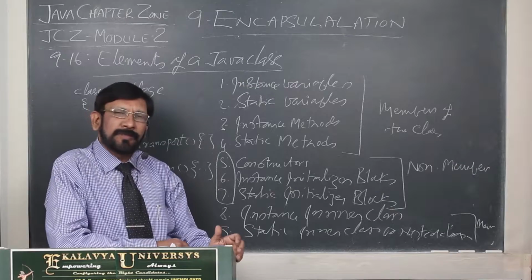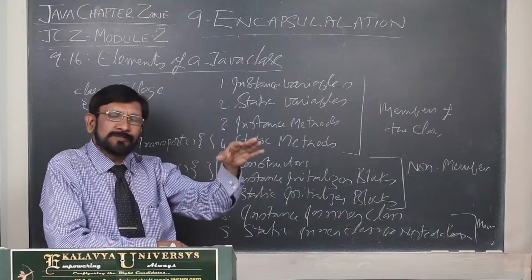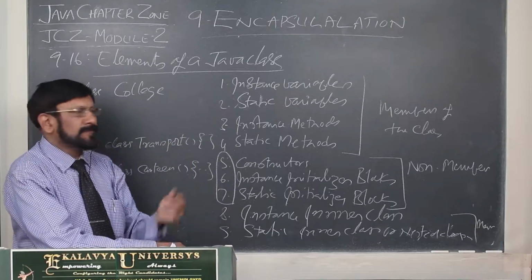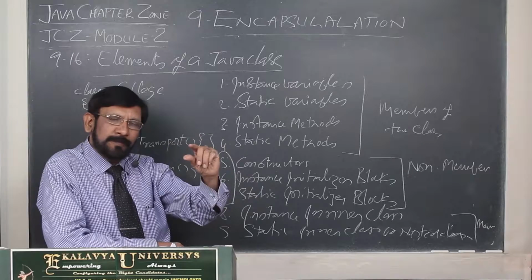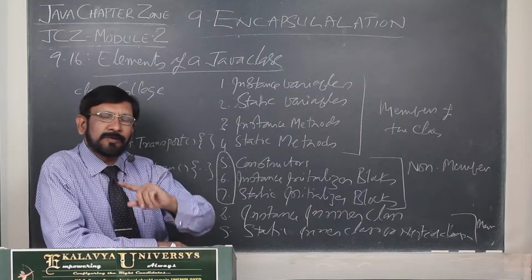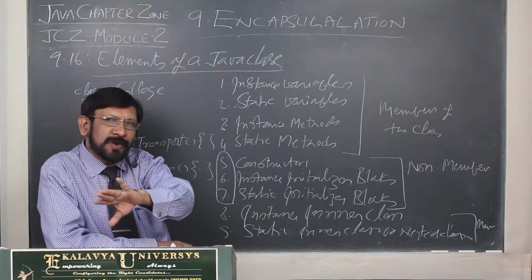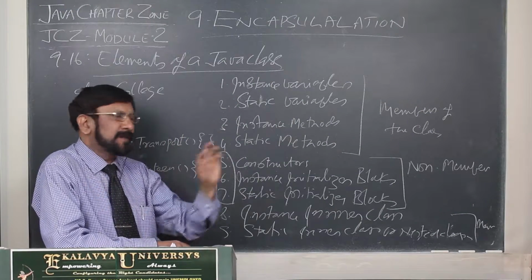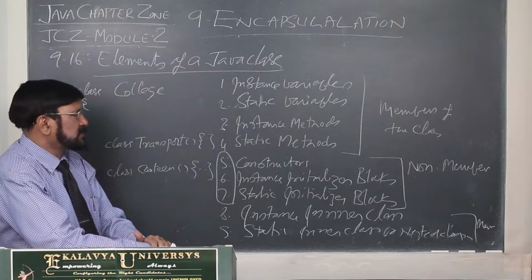Static variable, if it is common for all the objects to be created from a class, you may define it as static. Then only one copy is created, and it belongs to the class, it does not belong to any individual object. Room height is the best example for this.